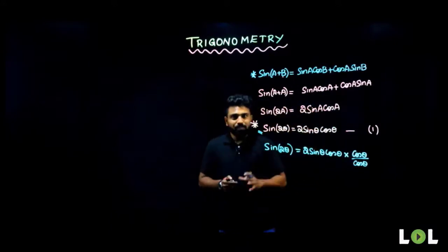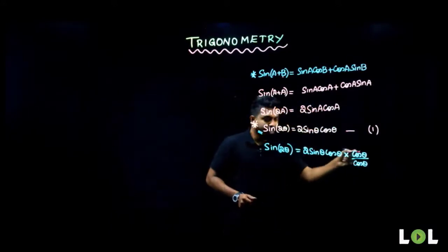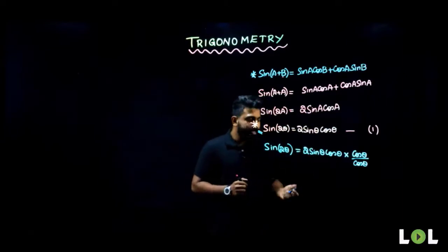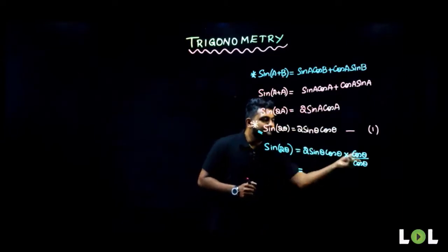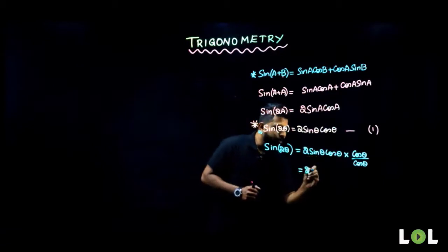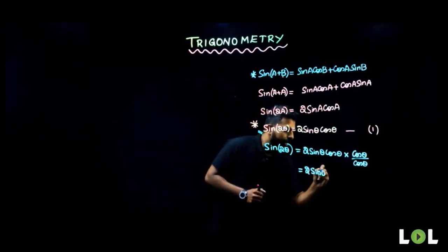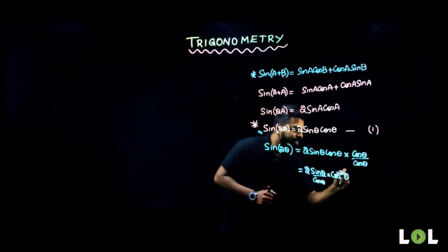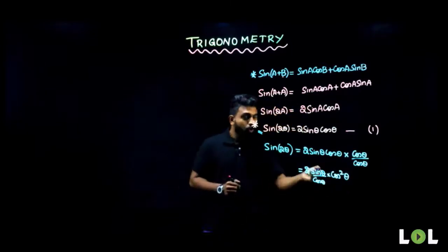So will the value of this change? No. Cos theta and cos theta will get cancelled, so this value will remain the same. But then instead of cancelling here, I multiply it here. So what I'll be getting? 2 sine theta divided by, in the denominator, cos theta into cos theta, which is nothing but cos square theta.